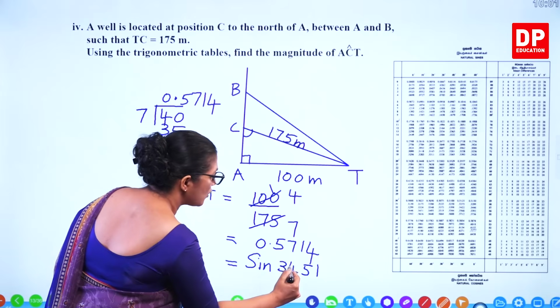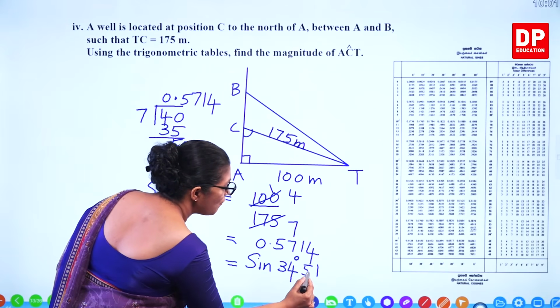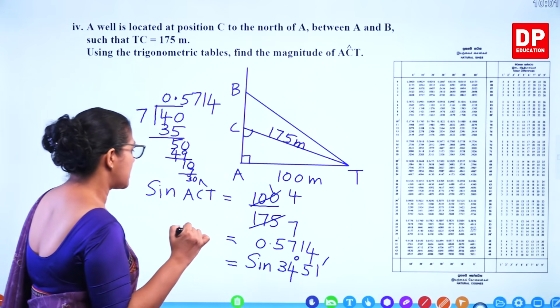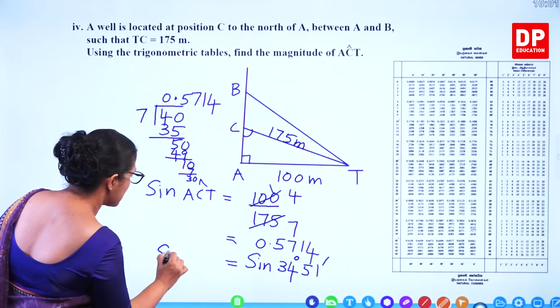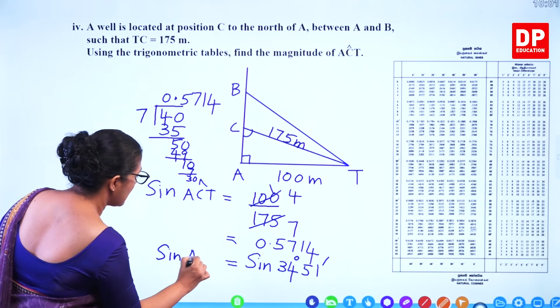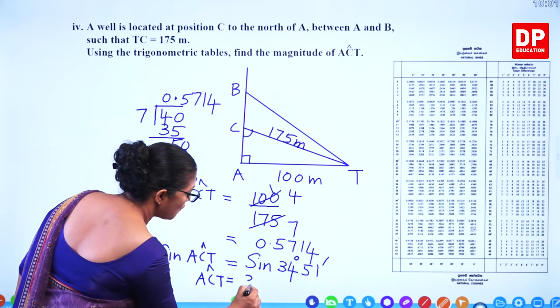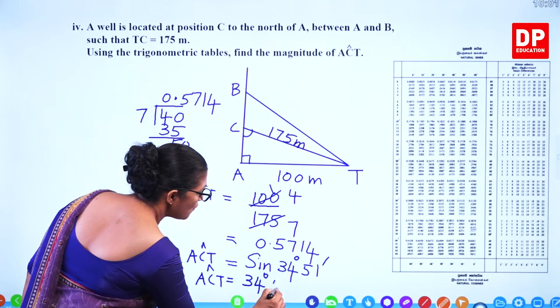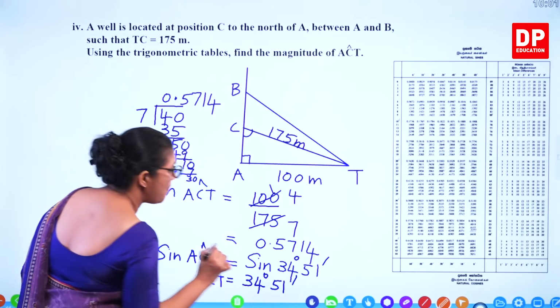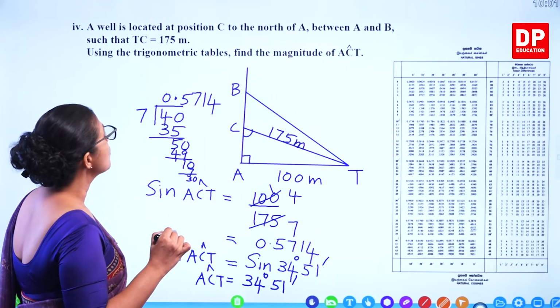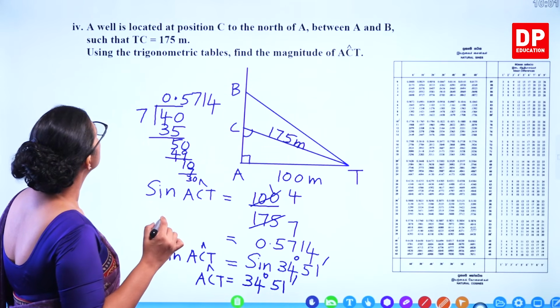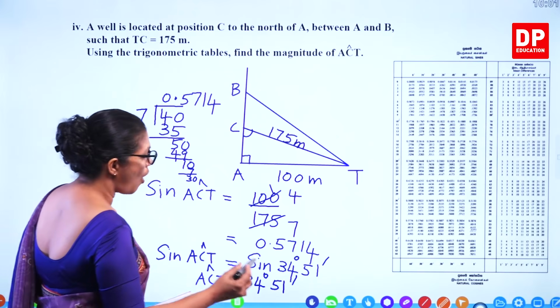So 34 degrees and 51 minutes. So what is ACT angle? ACT angle is 34 degrees and 51 minutes. So that's what they want. So we'll see how many marks.